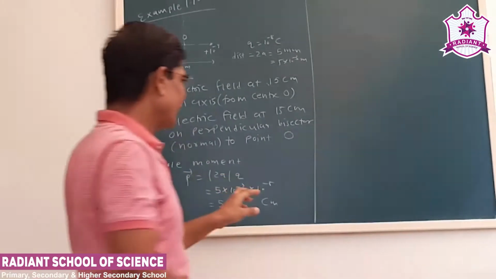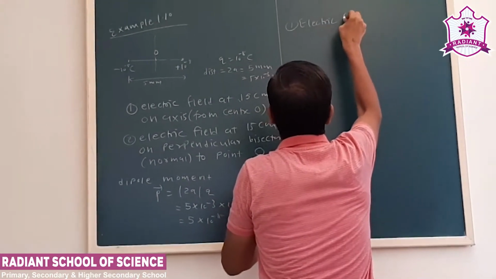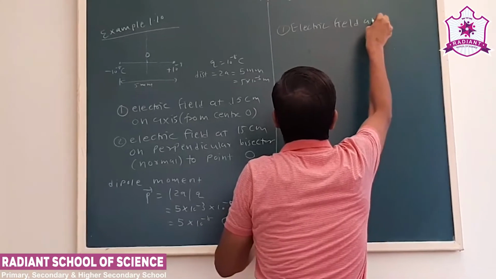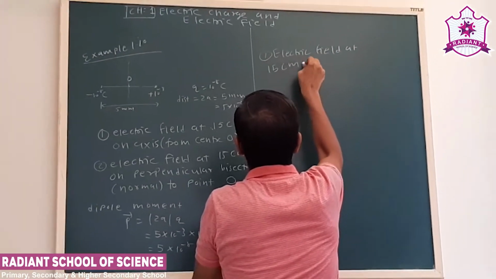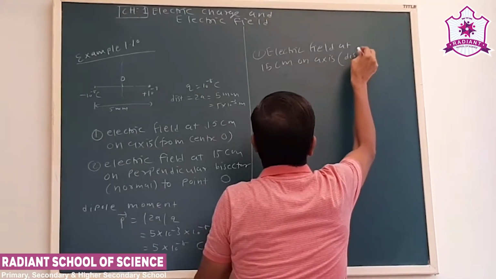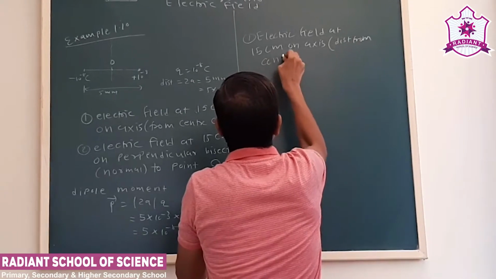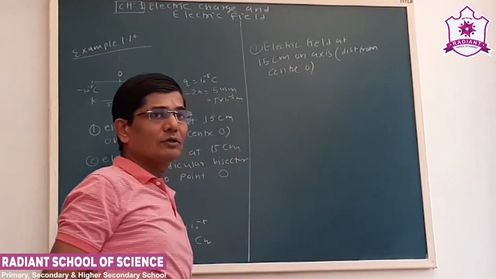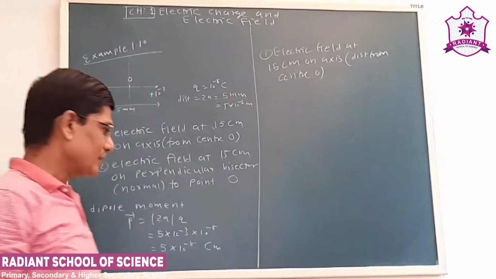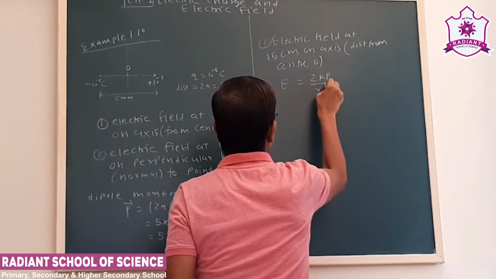Now first we find out the field at 15 centimeter on axis from center O. Now we know the formula. See, the magnitude of electric field at any point on the axis is given as 2kp upon r cube.